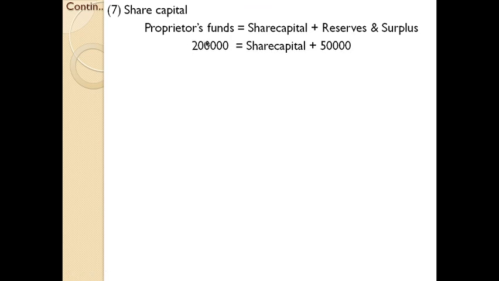We already found proprietor's fund is 2 lakh, and reserves and surplus is given in the question. So you will get share capital, the amount of rupees 1,50,000. I hope you guys understand why we are doing all these steps.